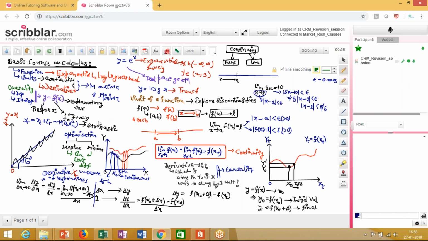Initially, we'll first start with single variable optimization, of single variable functions, where we try to do the maximization and the minimization. Then we'll graduate to understand multivariate functions, the multivariate optimization exercise as well.